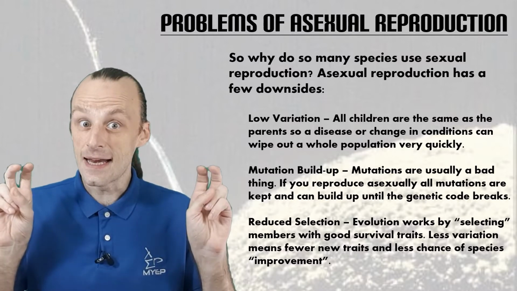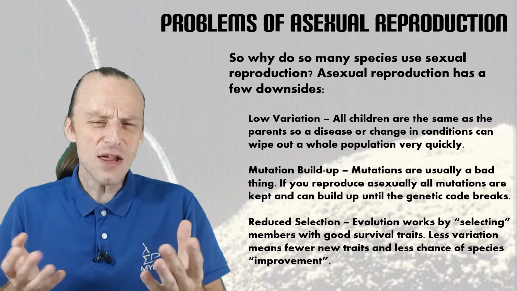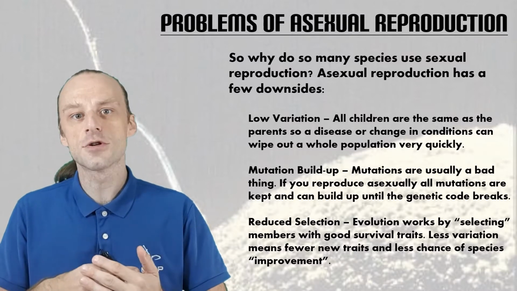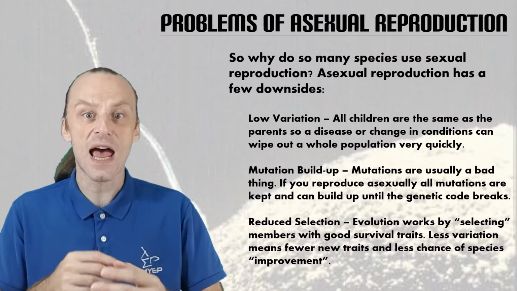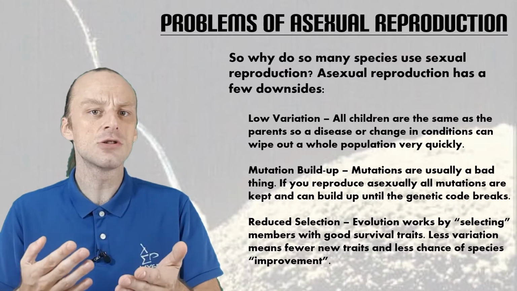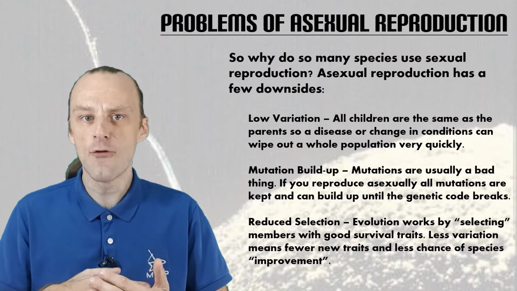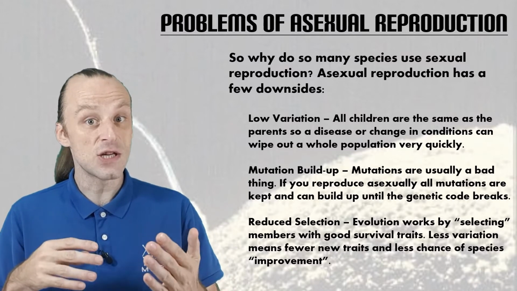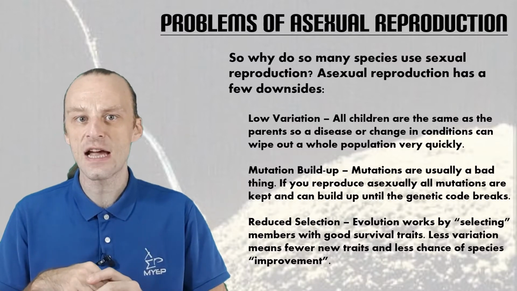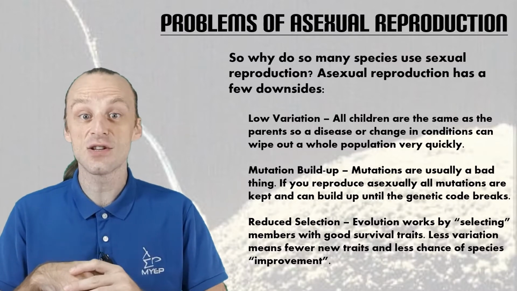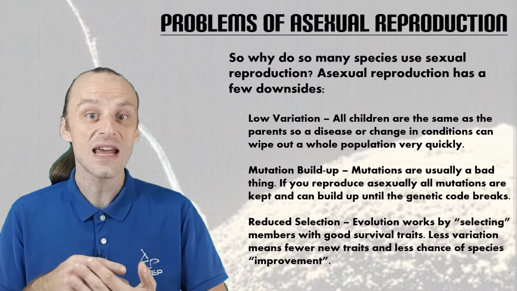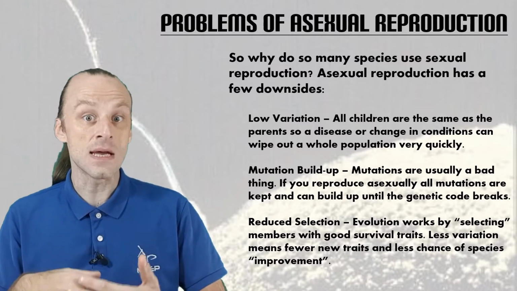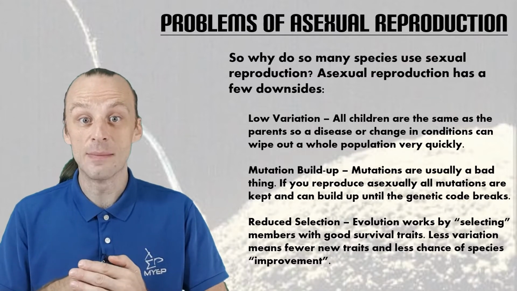I say selecting because, of course, nothing really chooses those organisms, but good survival traits means you are more likely to have more children, and those children might carry that trait forward into the future of the species. If your species has less genetic variation, then there is less chance of new traits coming out and less chance of the species improving to meet new conditions in the environment.